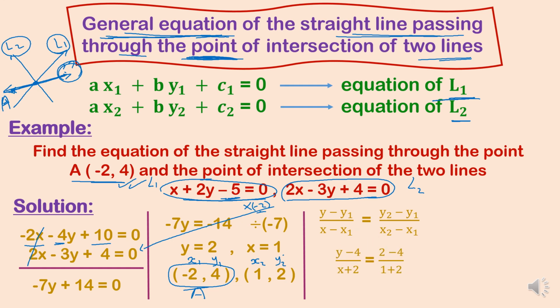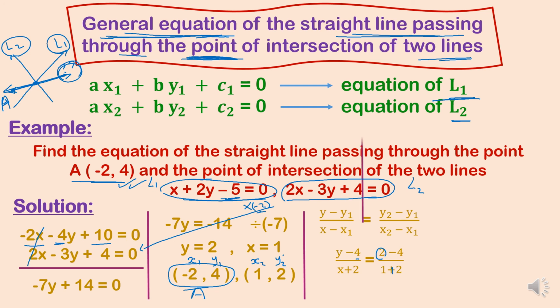So, y minus y1, which is 4, over x minus x1, which is x minus negative 2, equals y2 minus y1, which is 2 minus 4, over x2 minus x1, 1 minus negative 2, which is 1 plus 2.